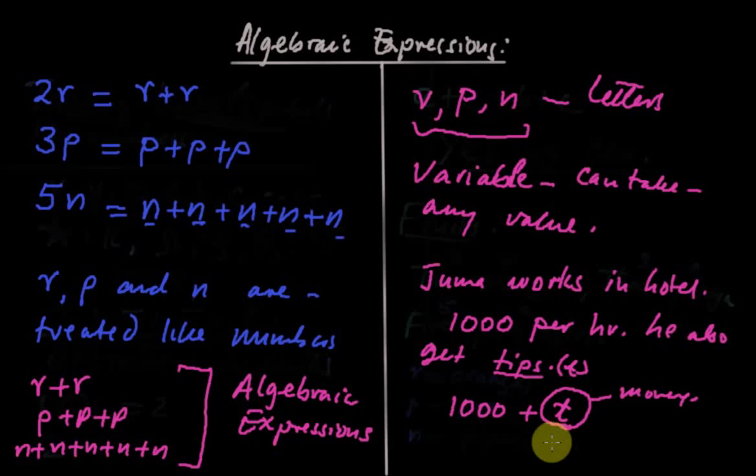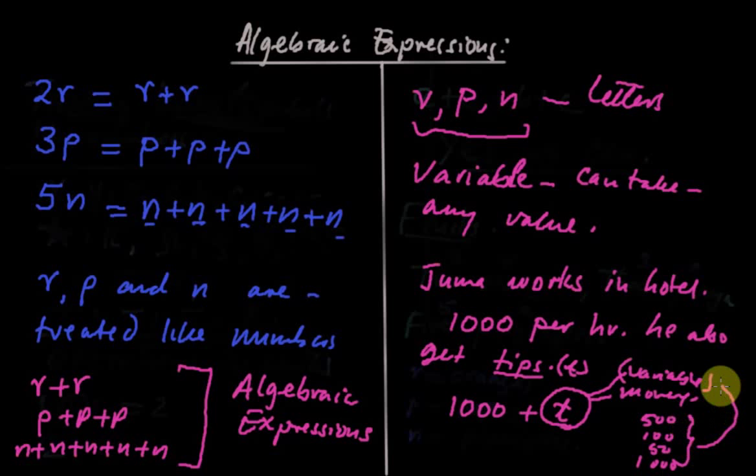So maybe this tip at time t can be 500, can be 100, can be 50, sometimes can be even 1,000, just like the salaries. It depends on how the customers flow and the will of the customer to give a tip. So this is money and it is a variable. It is a variable because it changes. You see here, it changes. The amount changes according to who goes in, and sometimes you cannot get anything, but it changes.